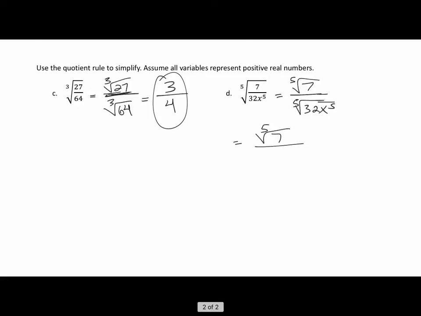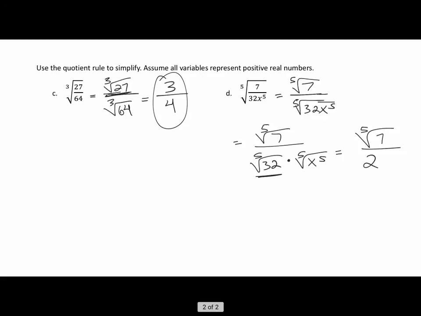But in the denominator, we can simplify that. I could break those apart into separate radicals by the product rule if I want. So the 5th root of 32 times the 5th root of x to the 5th, if you want to look at it that way. And then we can continue simplifying that in the denominator. So 5th root of 32, well, what number times itself 5 times is 32, and that's 2.